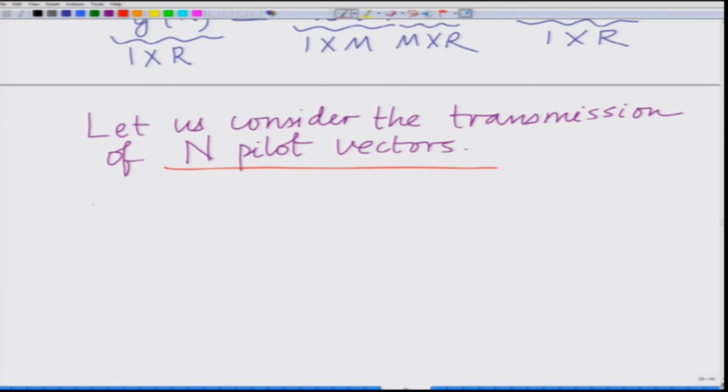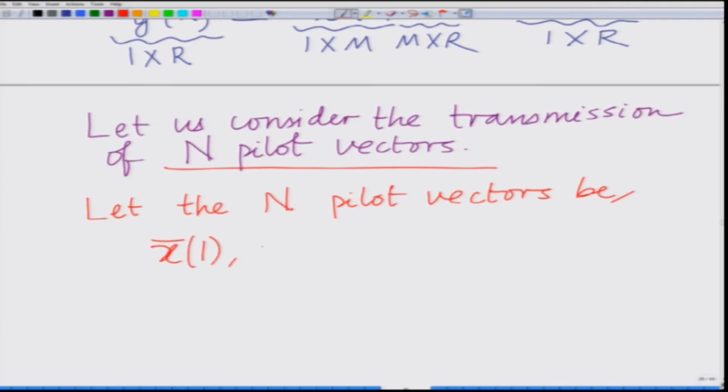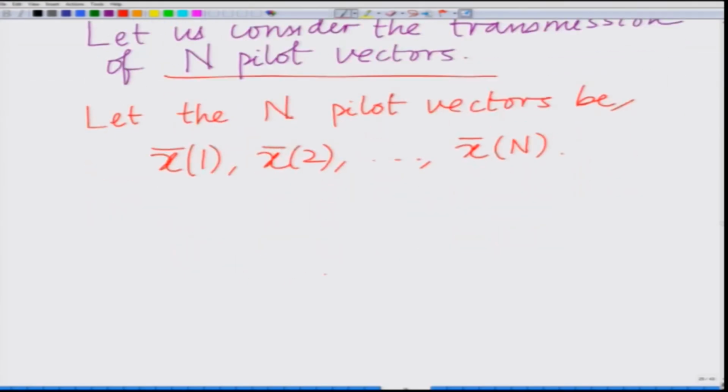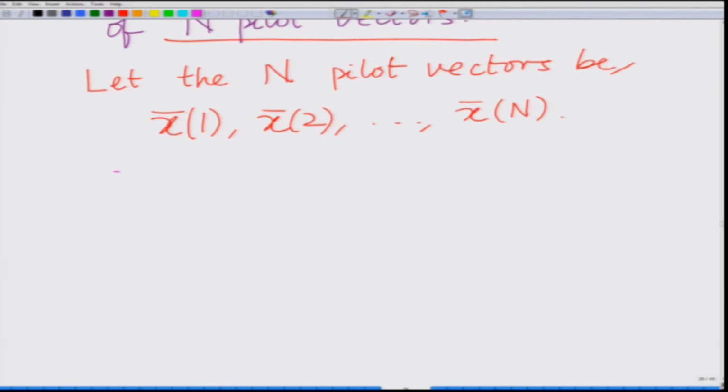So, let these n pilot vectors be x bar 1, x bar 2, so on up to x bar of n. These are the n pilot vectors, which correspond to the transmission at k equals 1, 2 up to n transmission instants.